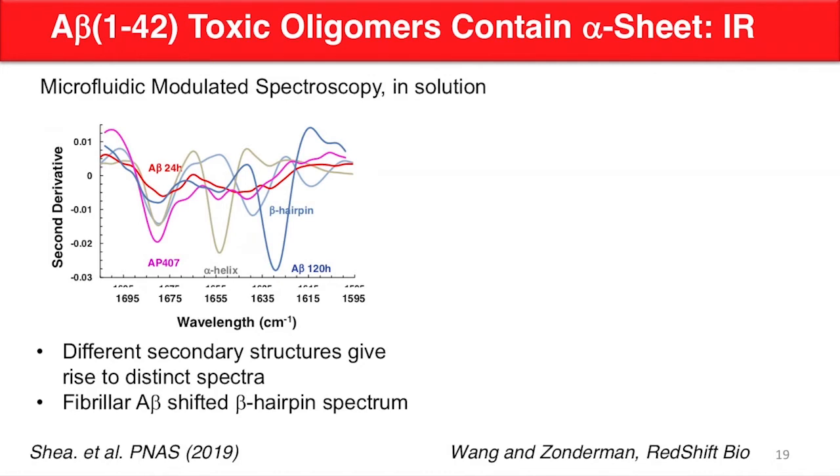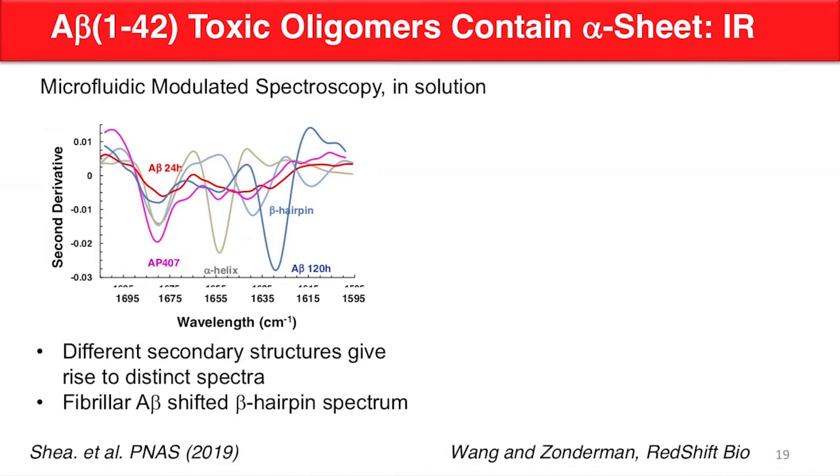And so what's shown here is a number of spectra, the second derivative spectra for AP407, which is the one we have the NMR structure for, a nice alpha sheet hairpin, an alpha helix model peptide, a beta hairpin model peptide in light blue and gray. And then two different A-beta samples from the same time courses you've been looking at.